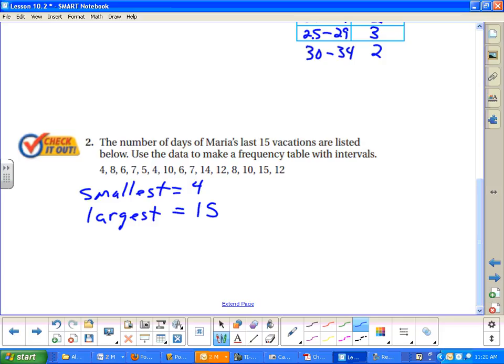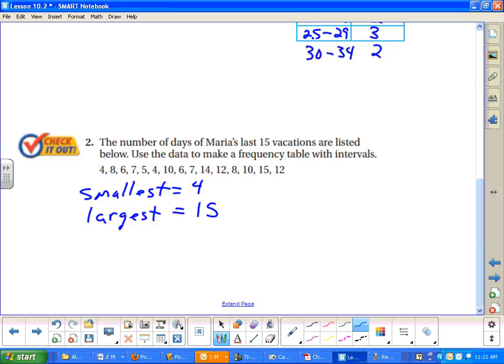Okay, so what were your numbers then, Megan? Okay, all right. You can't end and start on the same number. So if you're going to do that, you would have to go 0 to 4, 5 to 9, then 10 to 14, and then you have to do 15 to 20, or 15 to 19.